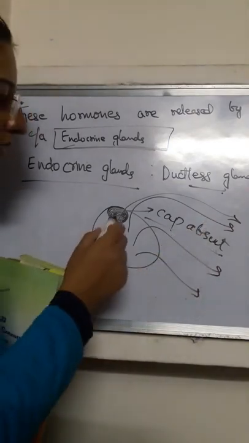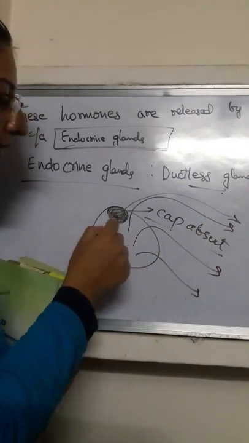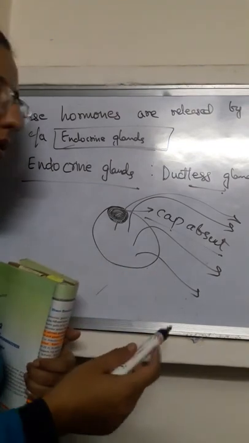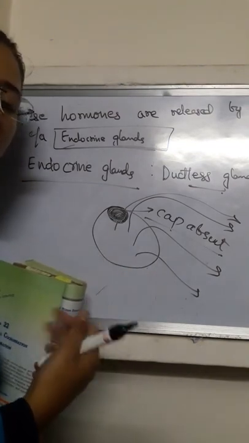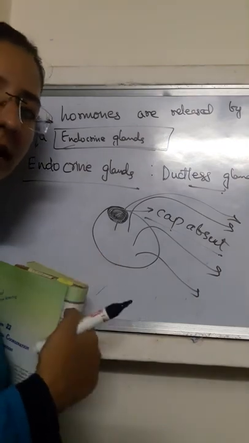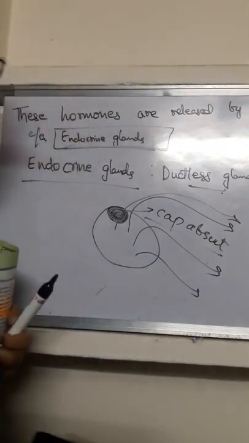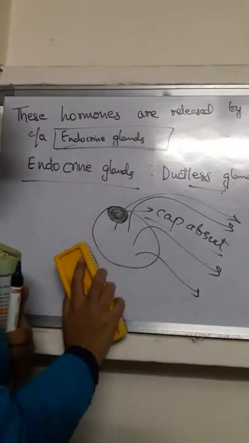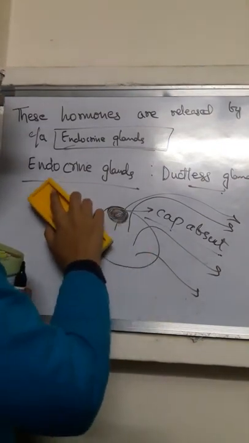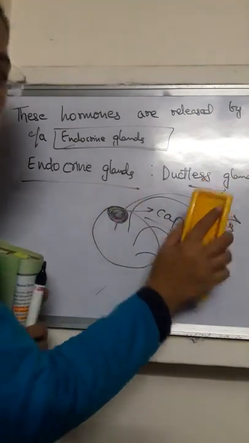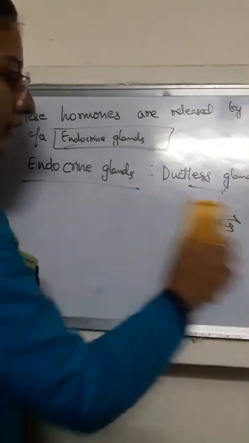These hormones are released only when they are needed. These are produced only in response to a certain type of stimulus that we will study. For now bear in mind that endocrine glands are simply the ductless glands. These do not have ducts.